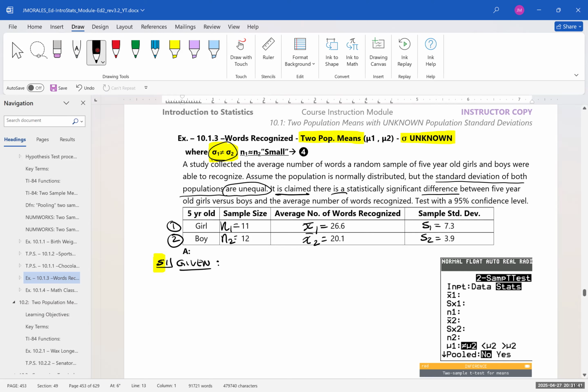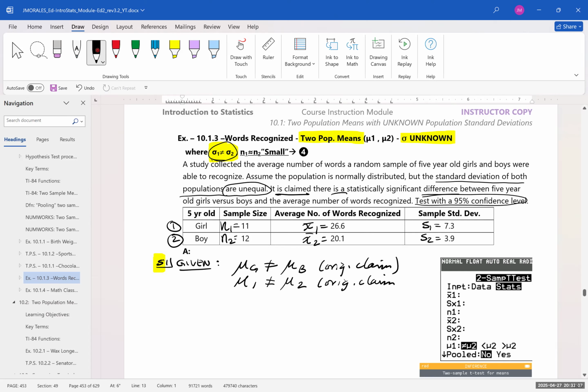So what we're saying is that the average for girls is different than the average for boys. That is our original claim. And so this is going to be written as mu1 not equal to mu2. Okay, and that's going to be our original claim.